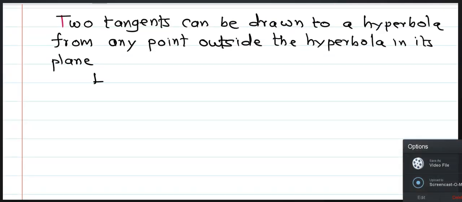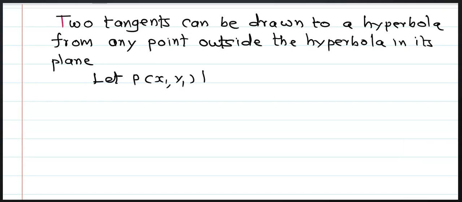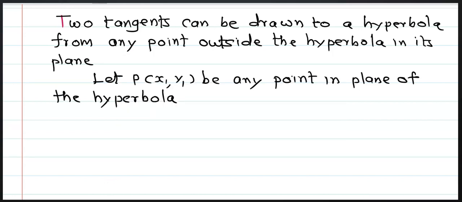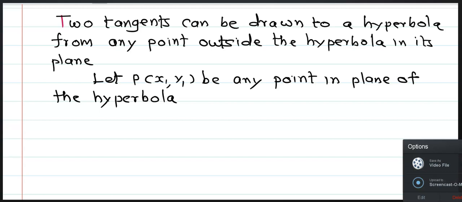That is, we can draw two tangents to the hyperbola from the outside point. Let P(x1, y1) be any point in the plane of the hyperbola.